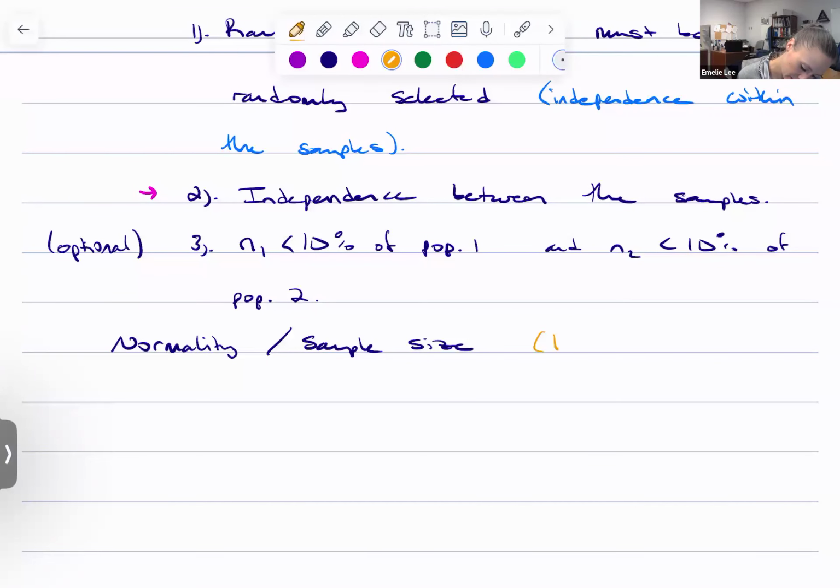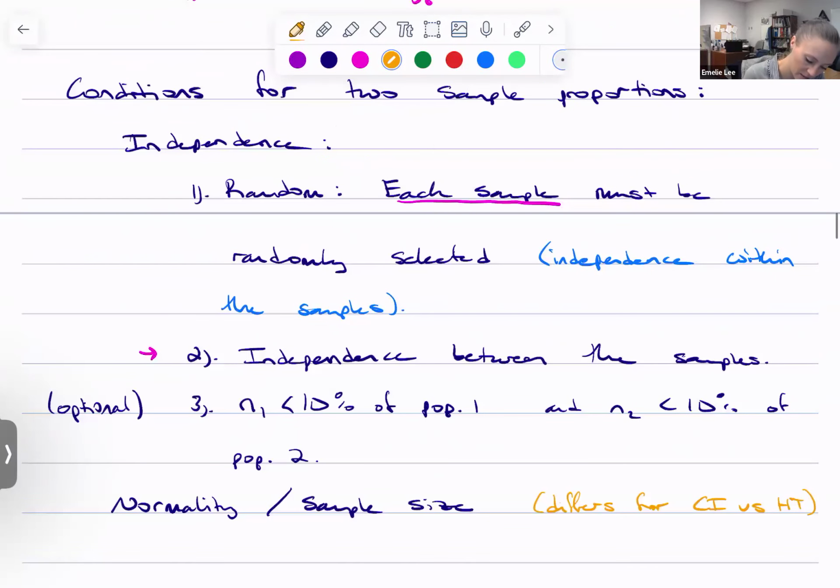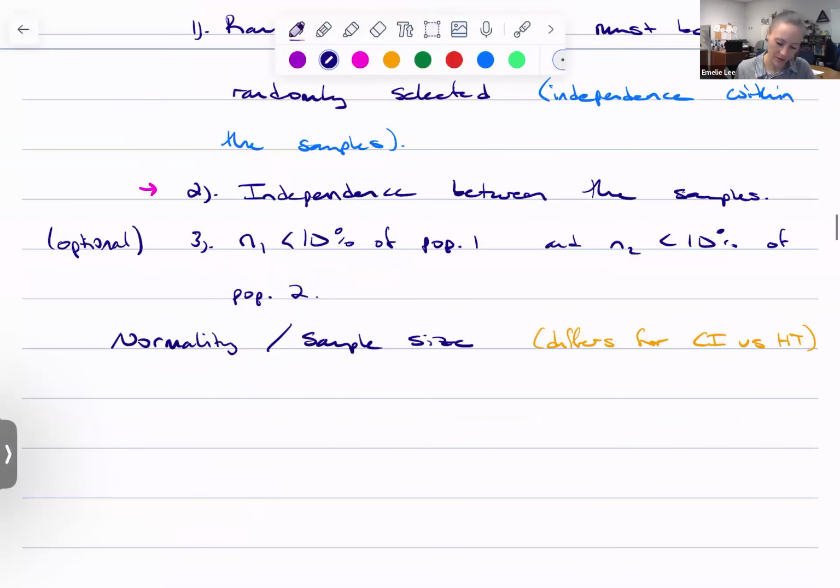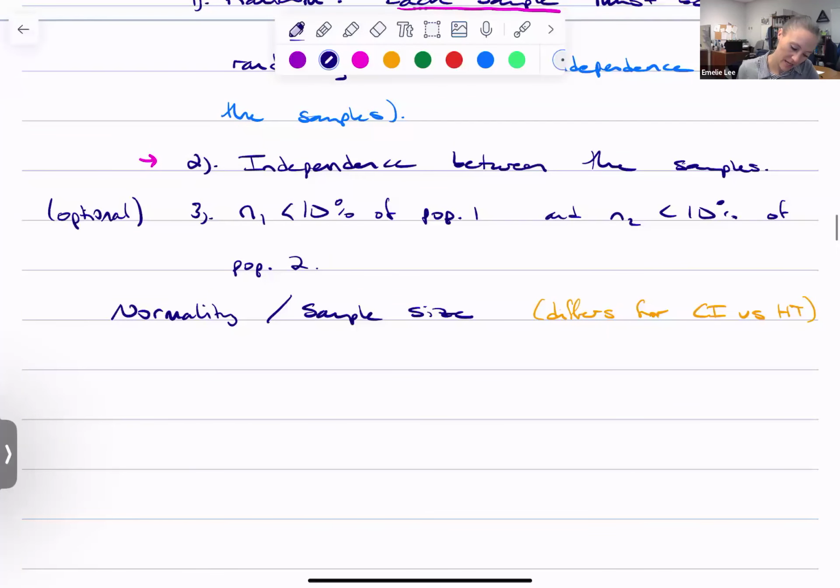This differs for a confidence interval versus a hypothesis test, whereas the independence conditions are the same for both the confidence interval and hypothesis test. So those are some go-to conditions that we need to check, whereas the normality or sample size condition depends on what we're going to be doing.